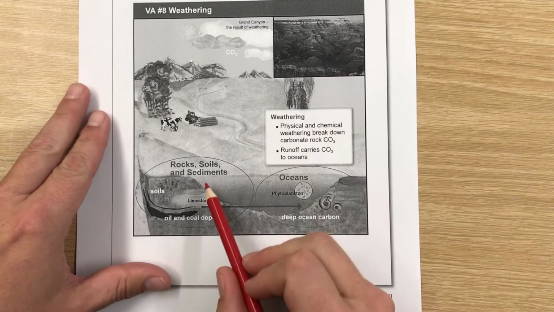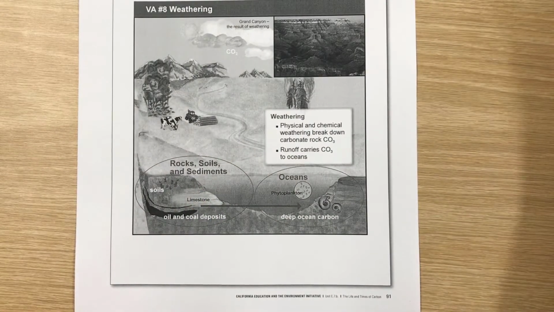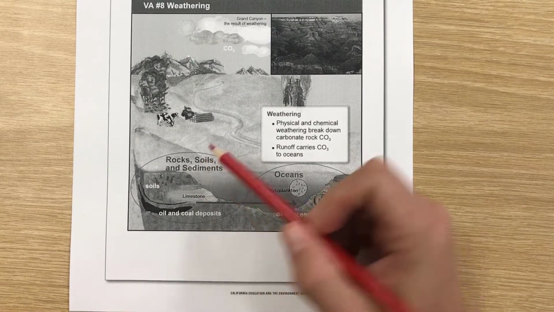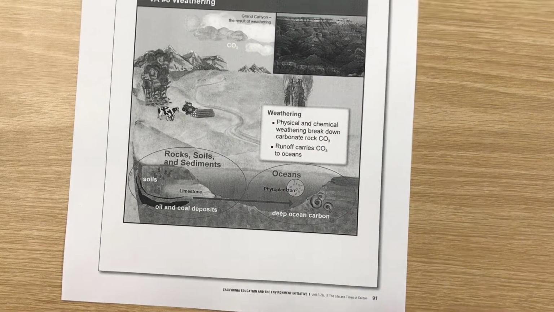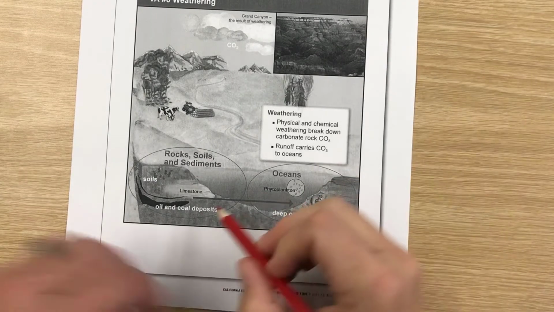So what happens is through weathering, primarily water, but wind also is part of it, the water slowly breaks down the rocks and carries away the soil. That's usually done through rivers and streams and lakes and such. Eventually, most of it will make its way to the oceans.